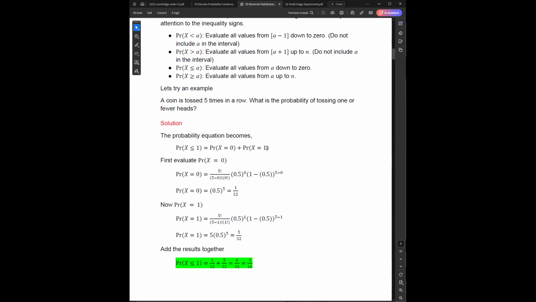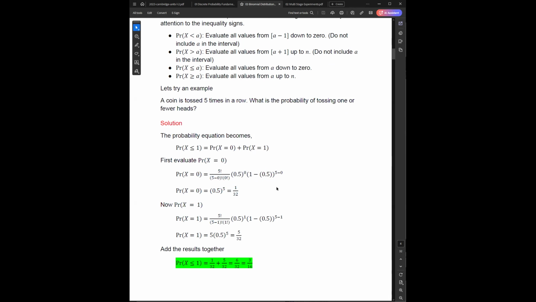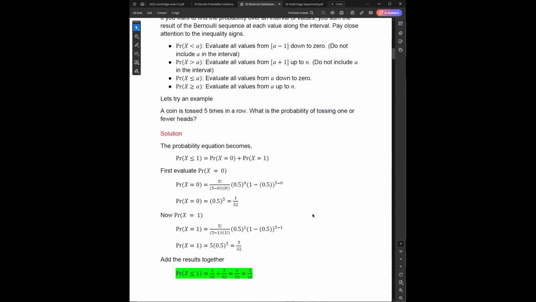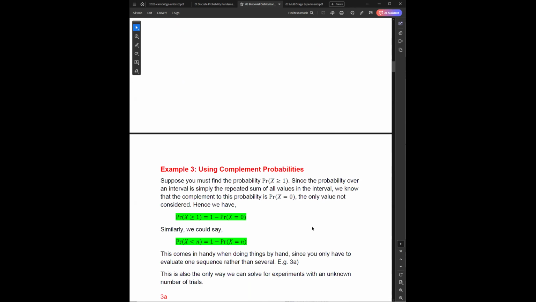And so that means the possibilities there are going to be either tossing one head or no heads. And so you would just individually solve each of those probabilities and then add those two things together. This one in particular wouldn't benefit from using complement probabilities. It's usually when it's a bit crazier.